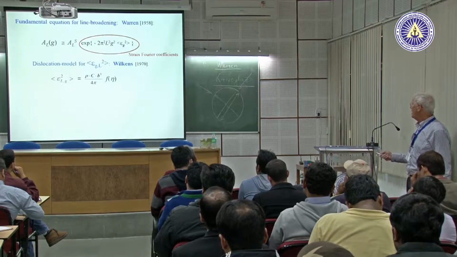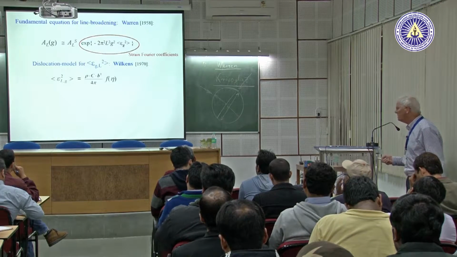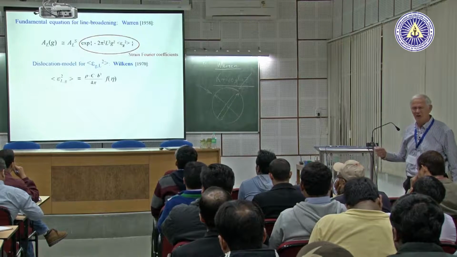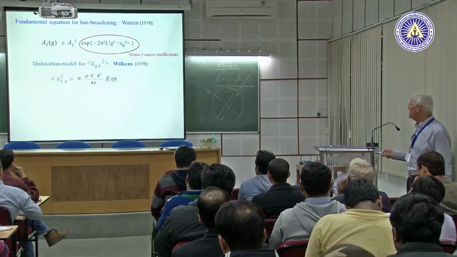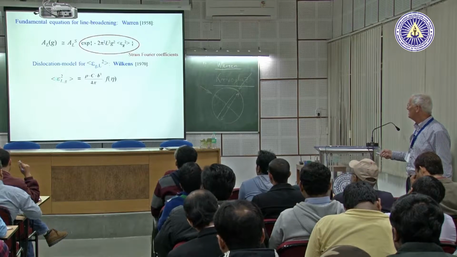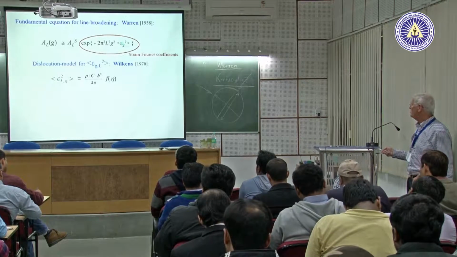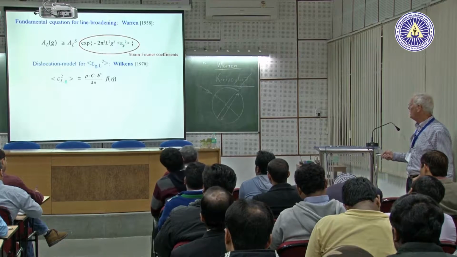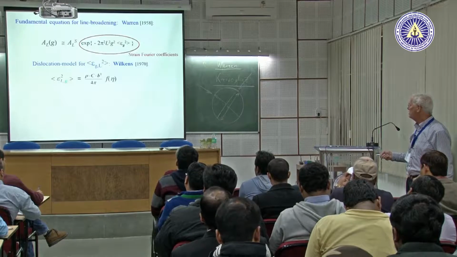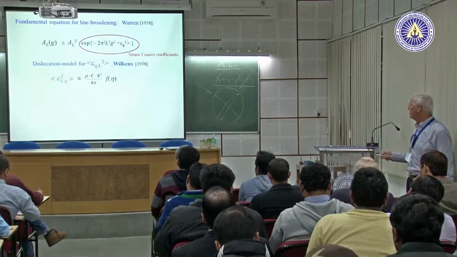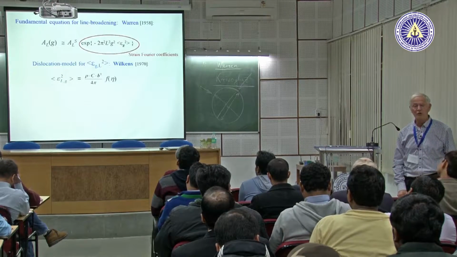Now, I write down immediately the end of the story, which is here, that the mean square strain, this quantity, is not only a function of HKL, but also a function of the Fourier variable.